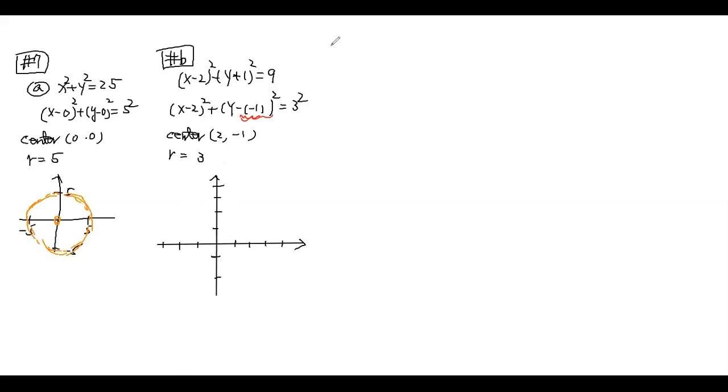It's 2 and negative 1, which is here. The radius is 3, so 1, 2, 3. This is the top, 1, 2, 3. This is the bottom, 1, 2, 3, and 1, 2, 3 here.